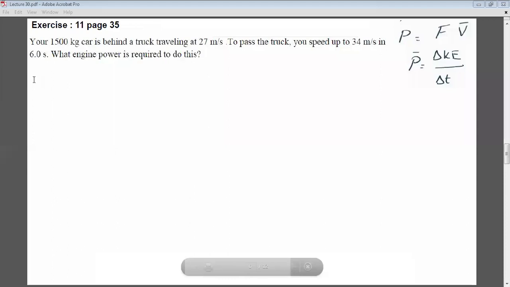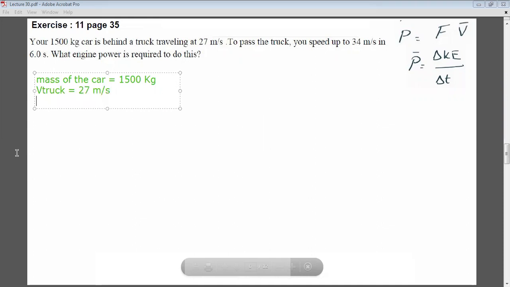Your 1,500 kilogram car, so mass of the car is equal to 1,500 kilogram, is behind a truck traveling at 27 meters per second. So the V of the truck is equal to 27 meters per second.